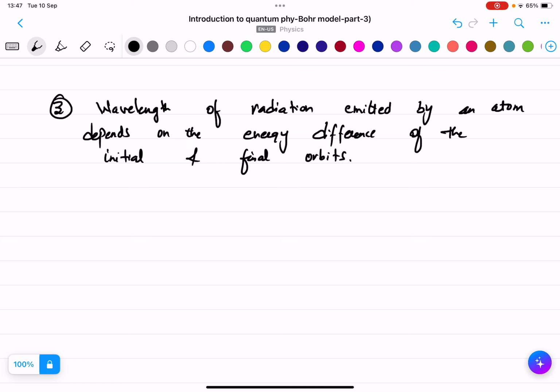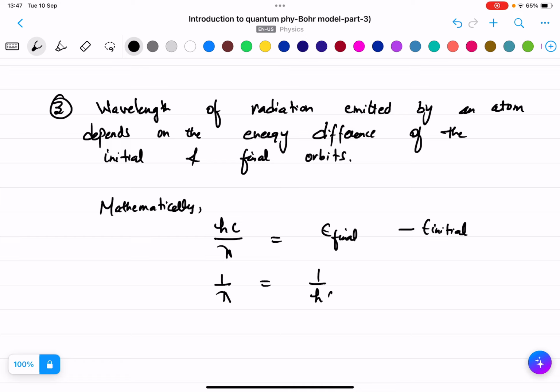If I need to write it mathematically, I will write hc by lambda equals E final minus E initial, or 1 by lambda equals 1 by hc times E final minus E initial.